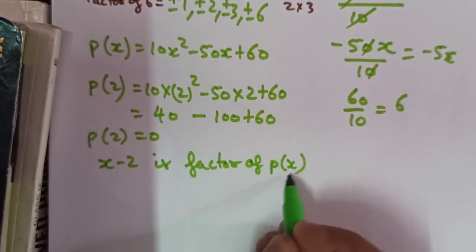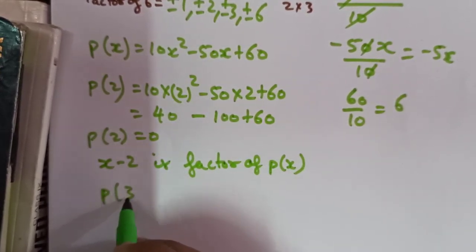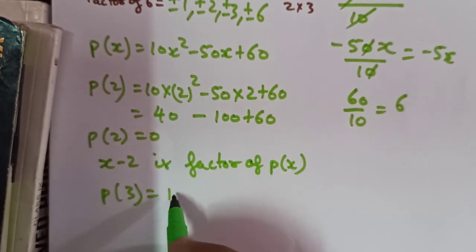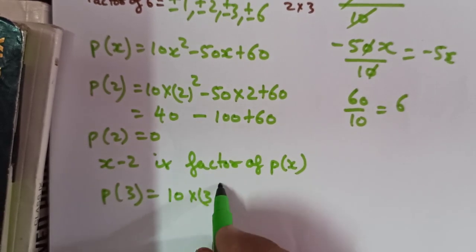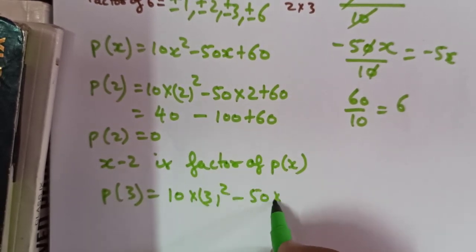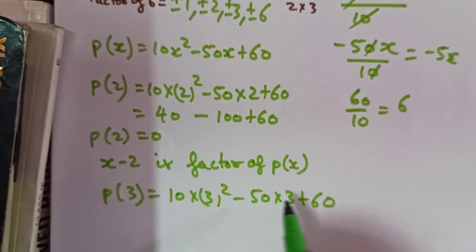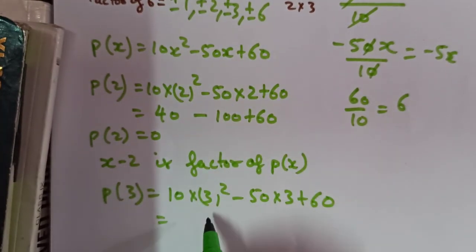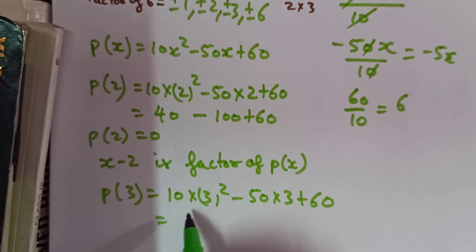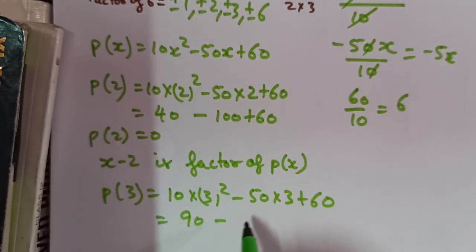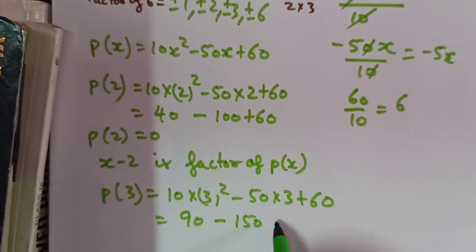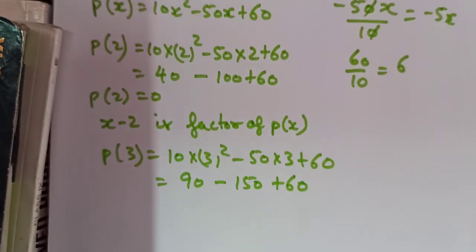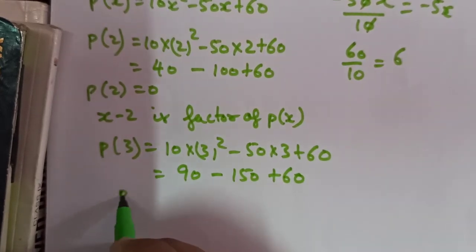Similarly, for the other factor we can test for P(3). P(3) will be 10 into 3 square minus 50 into 3 plus 60. Simply we substitute the value of x as 3. 3 square is 9, times 10 is 90, minus 50 times 3 is 150, plus 60. Again 90 minus 150 plus 60 equals 0.